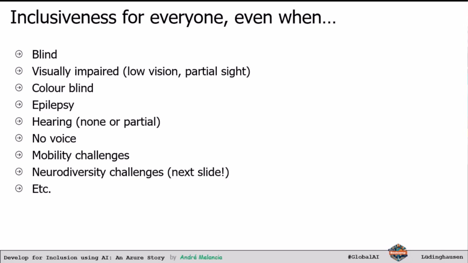But if someone has some problems with being able to use their hands or reaching the computer for some reasons, you can do voice commands and that will still work. What about the neurodiversity challenges? I will leave that to the next slides.